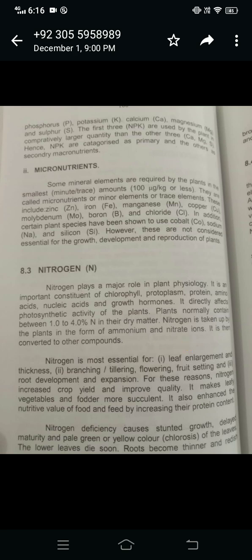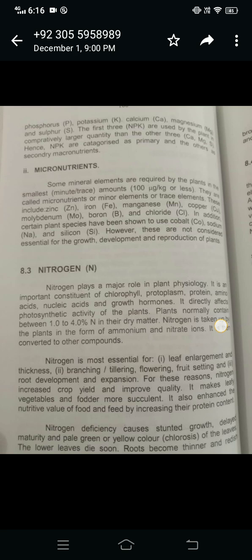In addition, certain plant species have been shown to use cobalt, sodium, silicon. However, these are not considered essential for growth, development and production of plants.